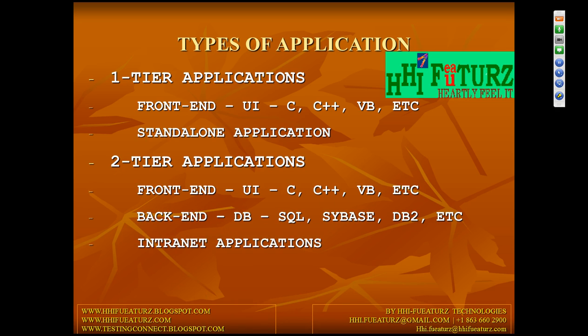Two tier means two layers. Gmail is not a good example for a two tier application, but just for understanding I'm taking it. In Gmail, during registration, what will you be doing? You'll be entering first name, last name, middle name, age, date of birth, those personal details, and you click on the sign in button. As soon as you click, where does this data get stored? In the backend database, like SQL or Oracle, some database.